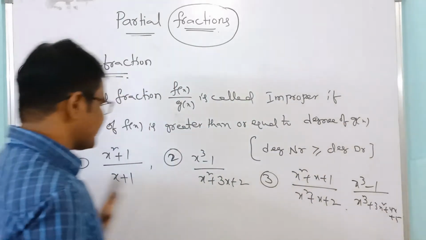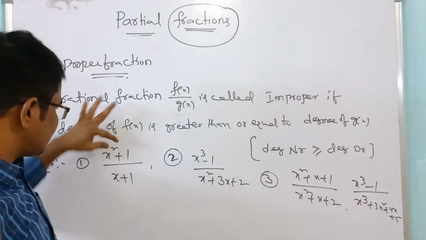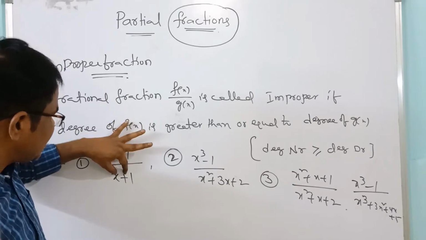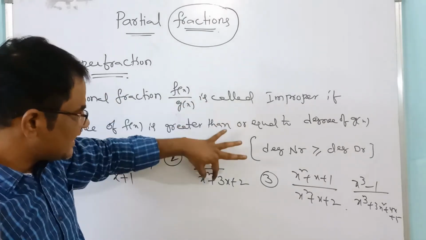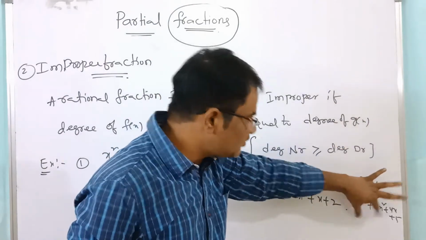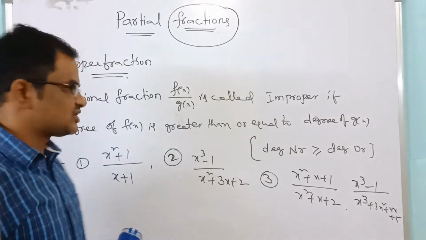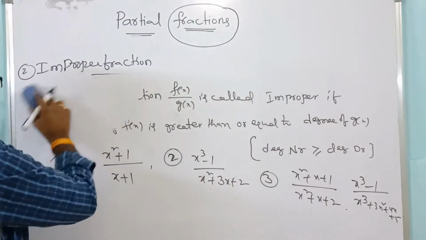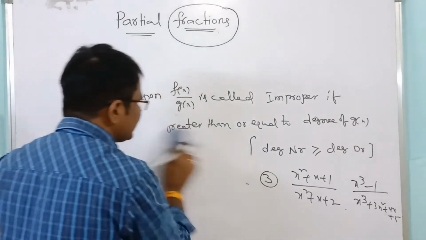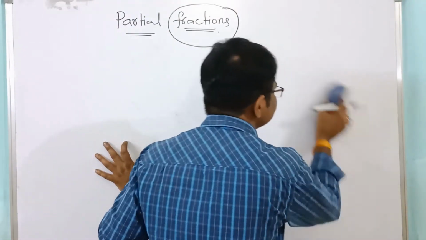This type of fractions are called improper fractions. Even though the degrees are equal, it is an improper fraction only.